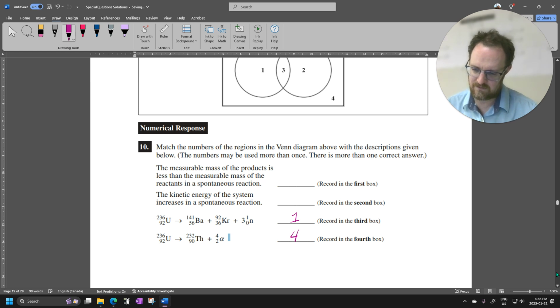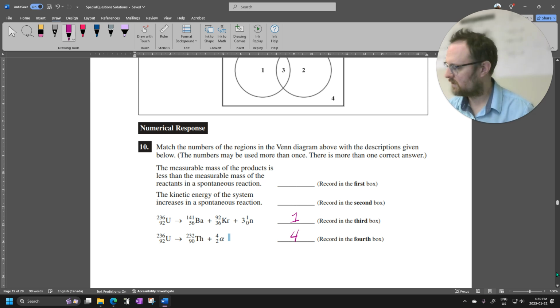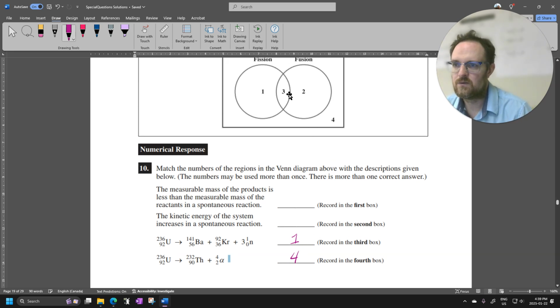Let me see if I can find what I put down previously, because I did these keys before. The response number 10. Where did I put that? There it is. Yeah, so I put 3-3-1-4 or 3-1-1-4. So 3 is both. It kind of makes sense in these reactions.